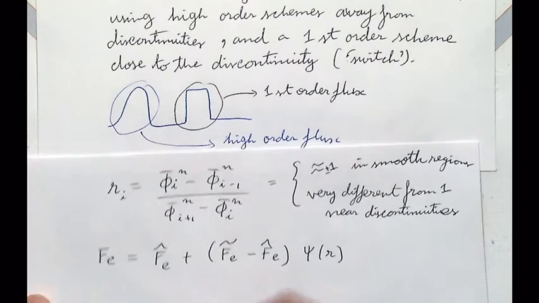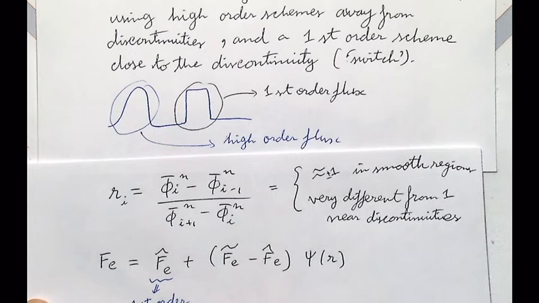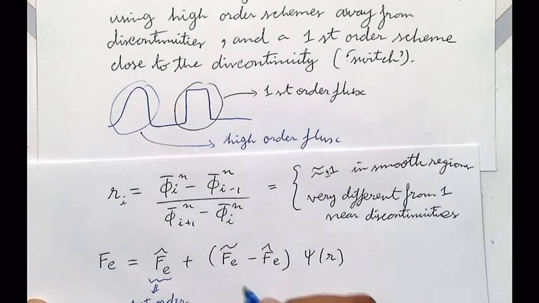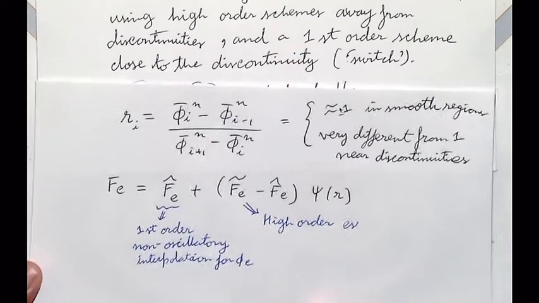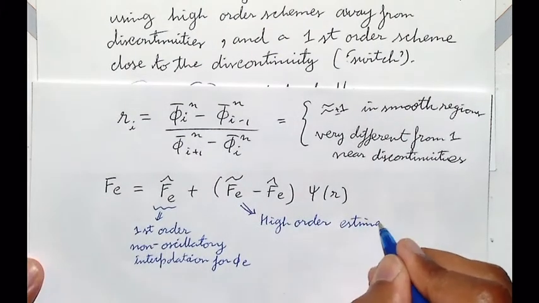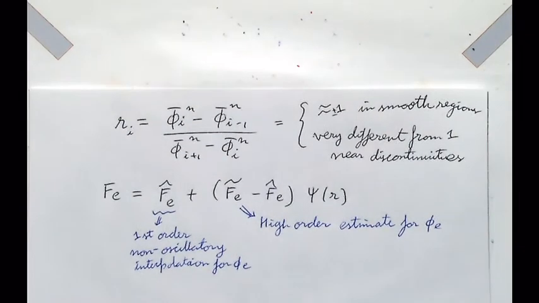This guy is the first order non-oscillatory interpolation for phi E, and this guy is the high order estimate for phi E. Let's assume U is constant.